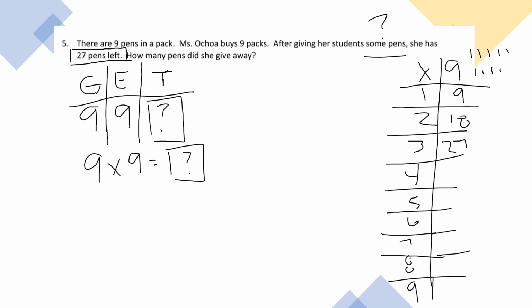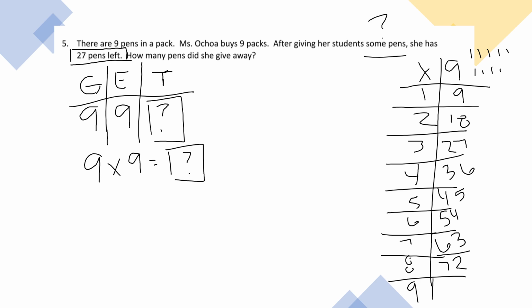4 times 9 is 36. 5 times 9 is 45. 6 times 9 is, you should know that at this point and can yell it out to me on the screen. 6 times 9 is 54. 7 times 9 is 63. 8 times 9 is 72.